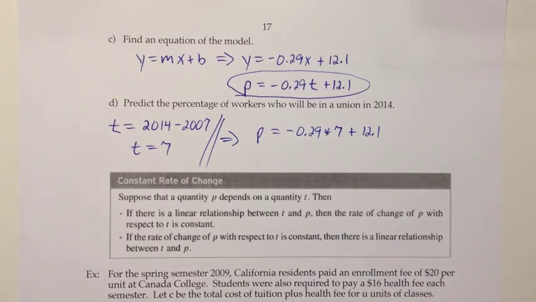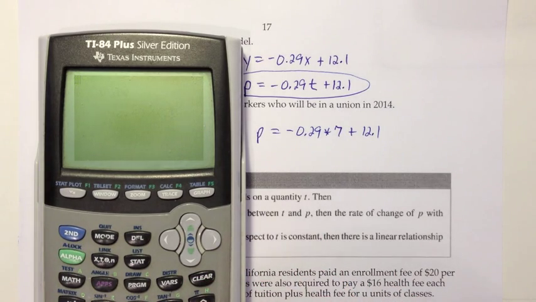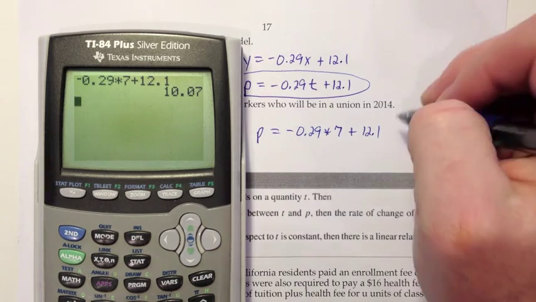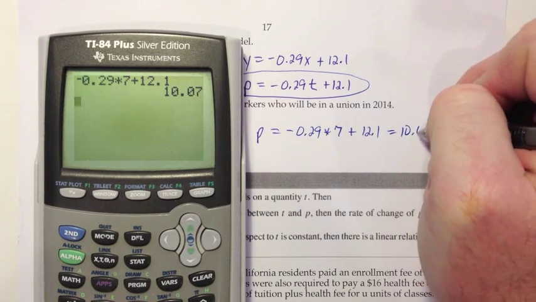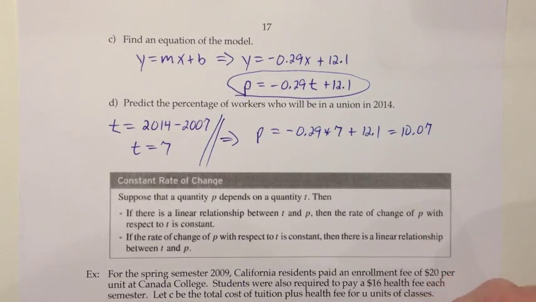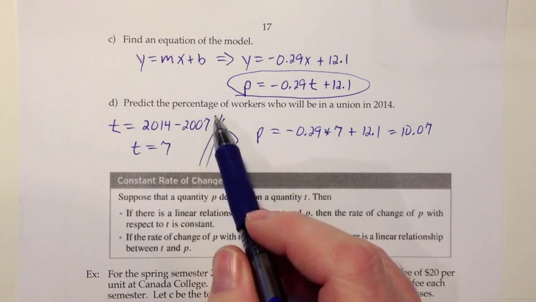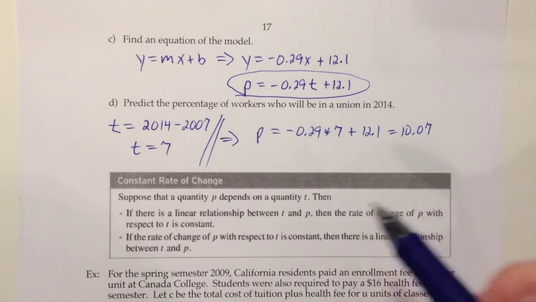And that's a little bit messy, so I'll go ahead and do that on the calculator. So we have negative 0.29 times 7 plus 12.1, and we get 10.07. And we just have to think back about what were we doing to figure out what the units should be. So p is our output variable, and that was percentage, so this should be 10.07%.